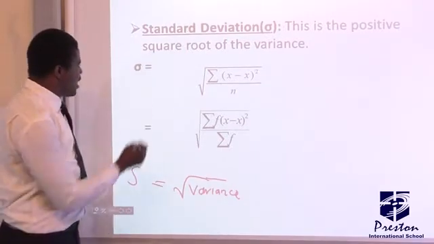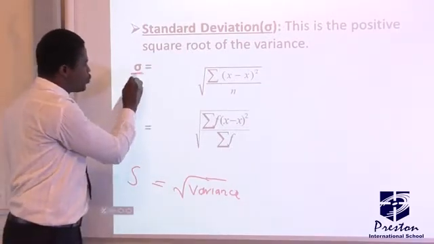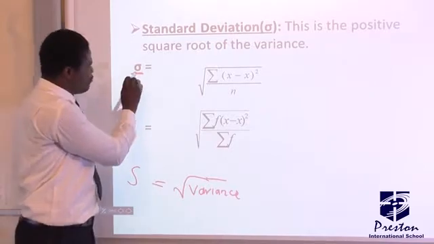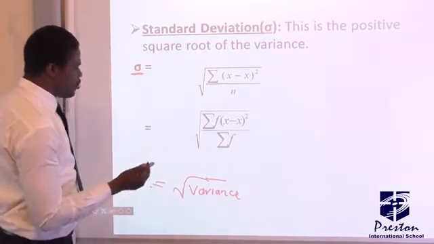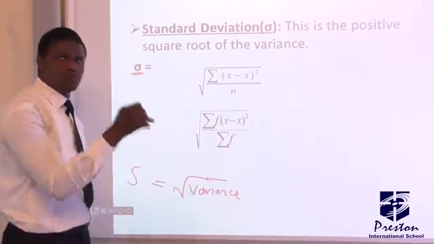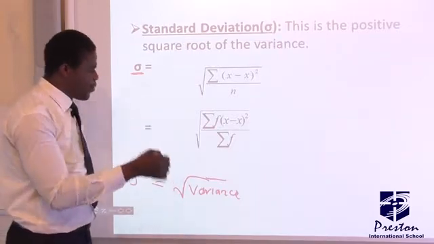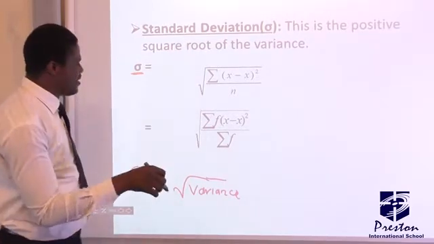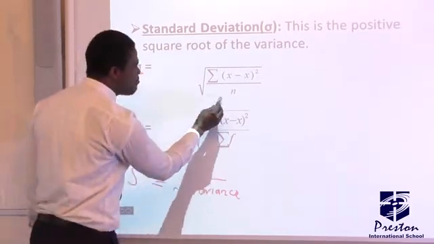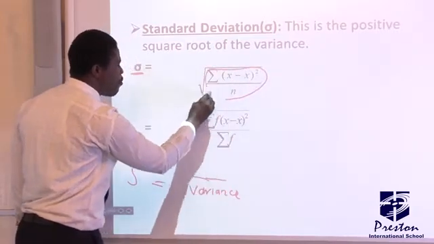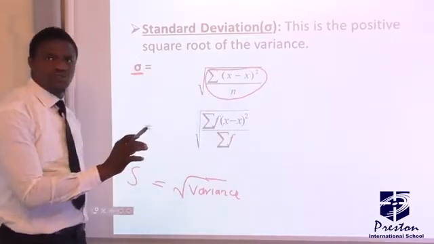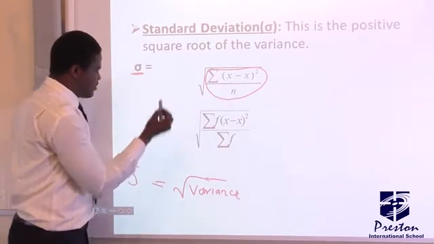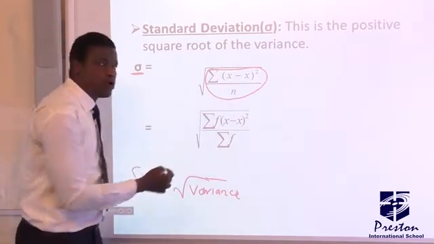We use this sign to represent standard deviation, so take note of that if you have it. So it's equal to the positive square root, take note of that, positive square root of variance. So if you look at the formula we have here, this is the formula for variance. That is why standard deviation is just the square root of variance.